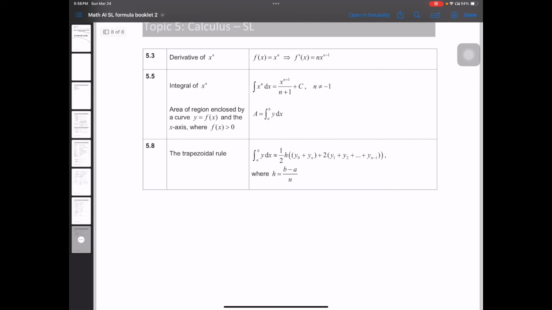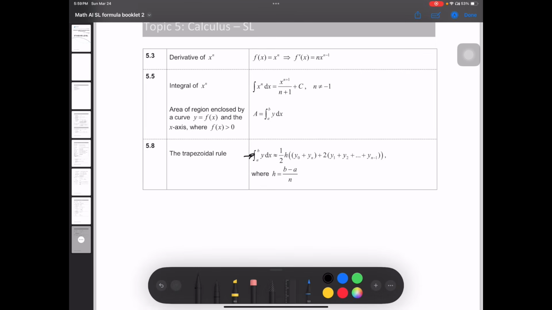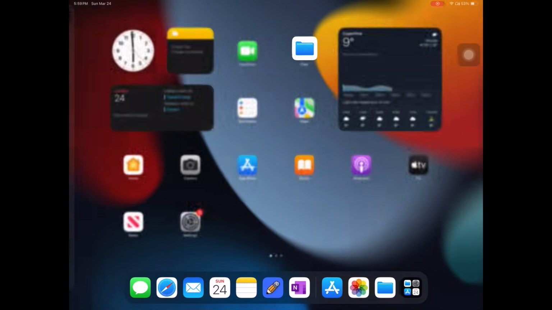What is this saying? This is the sum of the area under the curve. This is our lower bound and our upper bound of some function. I'll write this out and we'll go over this again and I'll show you what this means. But there it is, we do have the trapezoid rule in the formula booklet.